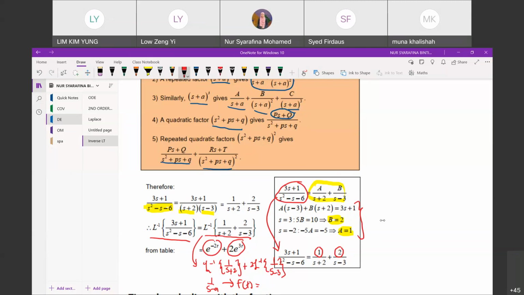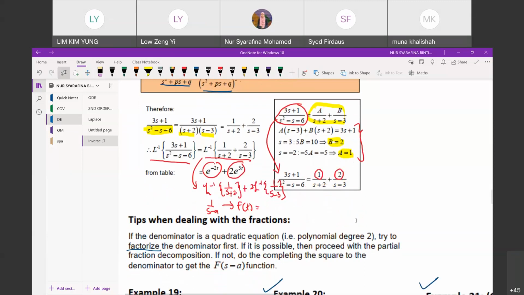All right, clear? So let's take a look at the example here. Now dealing with the fraction, of course, you have to factorize. If you cannot factorize, you can try to use completing the square method.